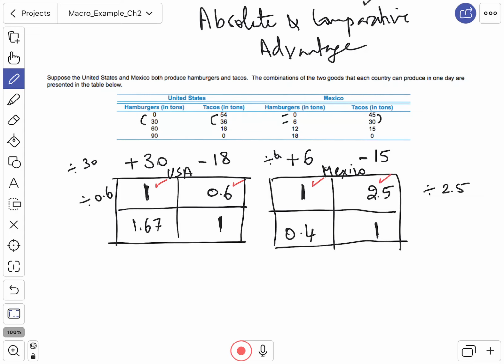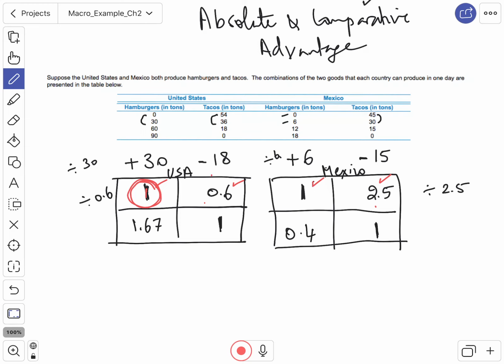That means the cost of producing hamburgers in the USA is cheaper because it will only cost 0.6, but it will cost 2.5 here. So we can say that USA is better at producing hamburgers, because 1 unit of hamburger implies a smaller loss of the other product.